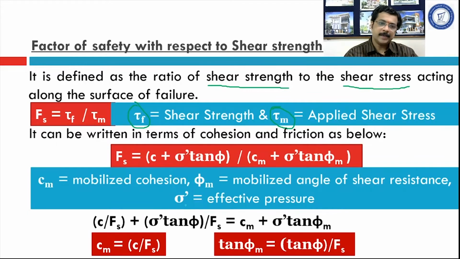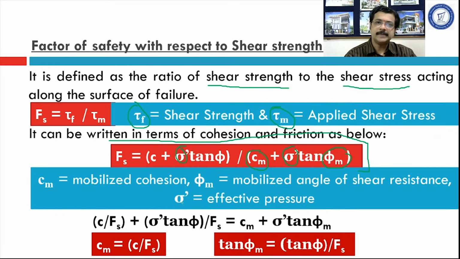How can it be written? It can be written in terms of cohesion and angle of internal friction as mentioned in this equation: Fs equal to C plus sigma dash tan phi upon Cm plus sigma dash tan phi m. Here phi m is the mobilized angle of internal friction, Cm is the mobilized cohesion, and sigma dash is the effective normal stress.